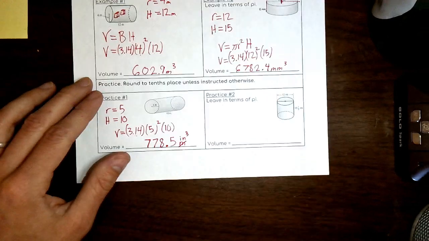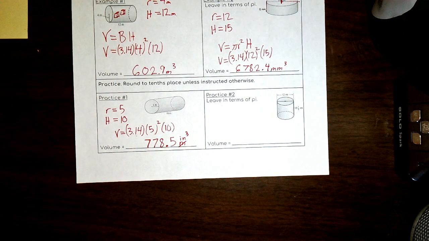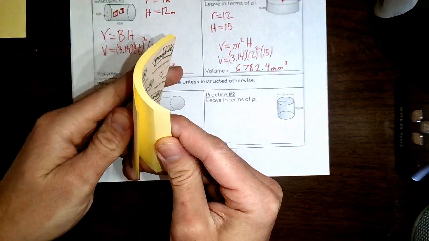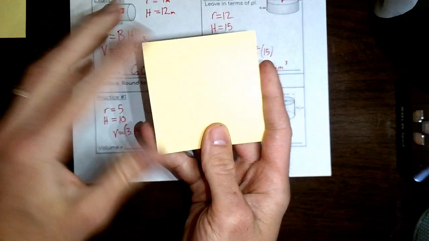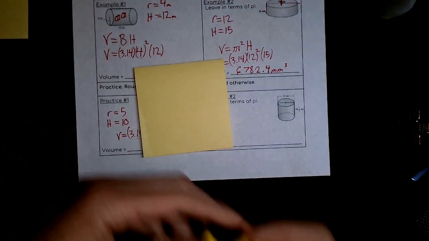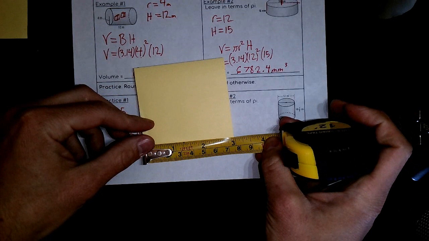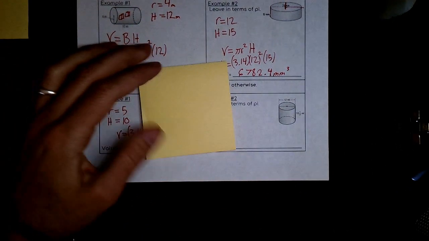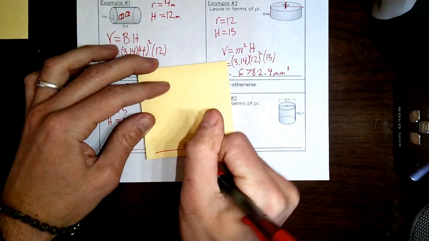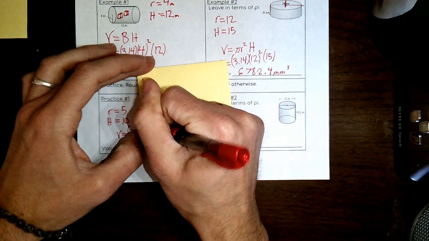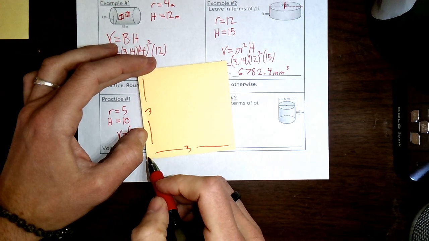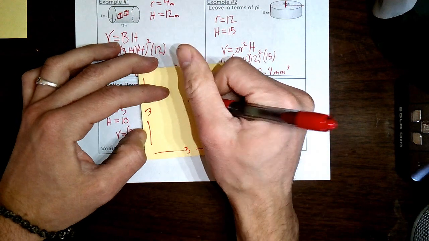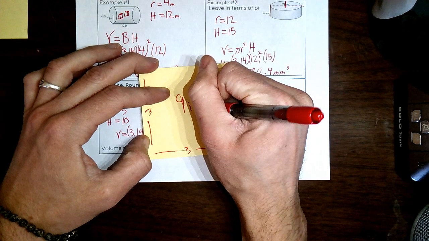A good example I gave a class yesterday is like if you have a book, or even just a pack of note cards. I think of volume like this. So you find the area: it's 3 inches by 3 inches. Take the base and the height, or the length and the width, and multiply them together, you get 9 square inches.